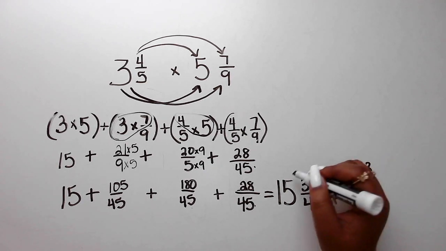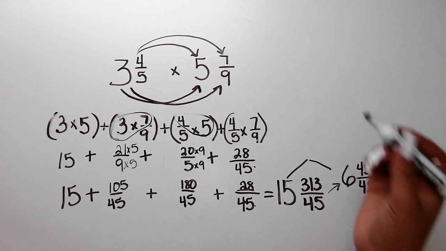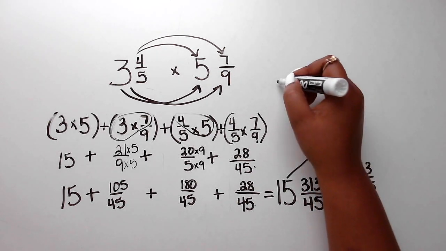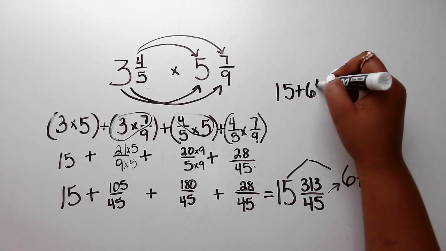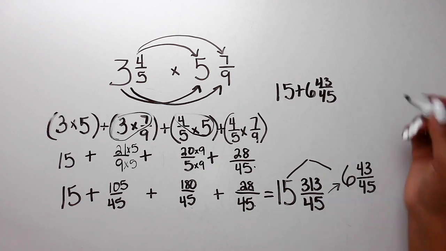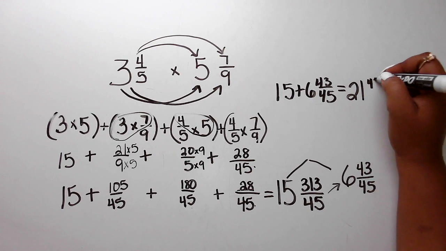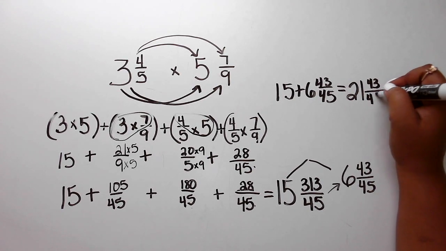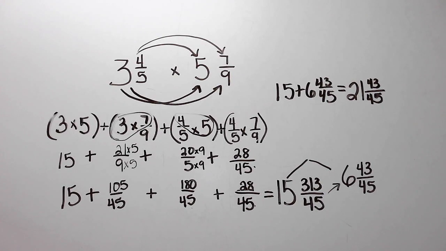Then we need to add the 15 and the 6 back together. So let's rewrite it here. 15 plus 6 and 43/45 equals 21 and 43/45, which is the same product that we got using the first strategy.